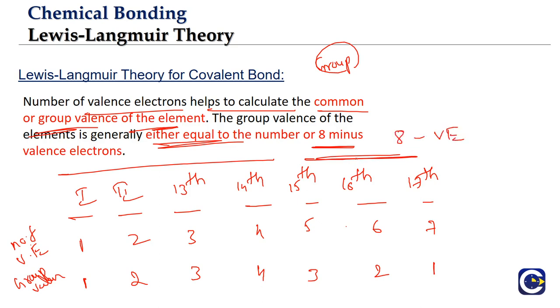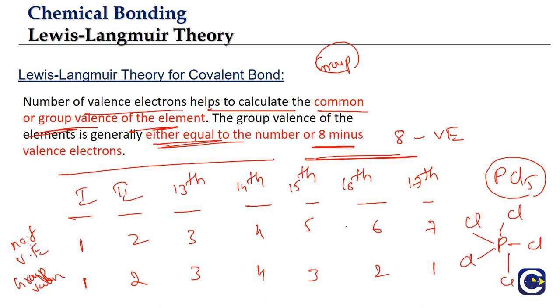Now why are we saying the word group valence? Because a 15th group element, say phosphorus, can also form 5 bonds in examples like PCl5. Here phosphorus is forming a single bond with each of the chlorines.